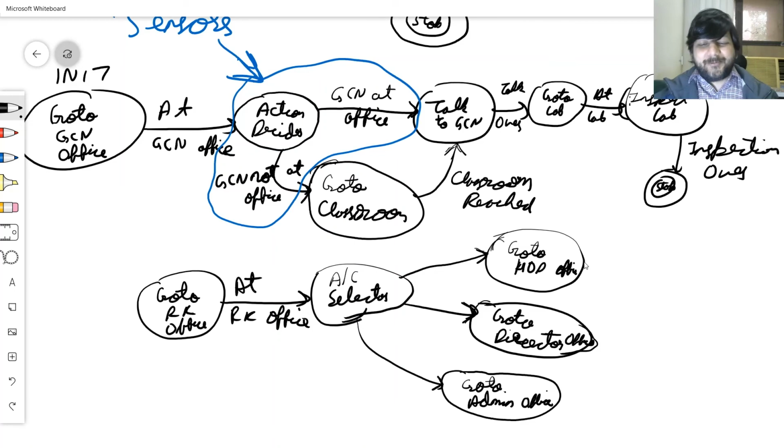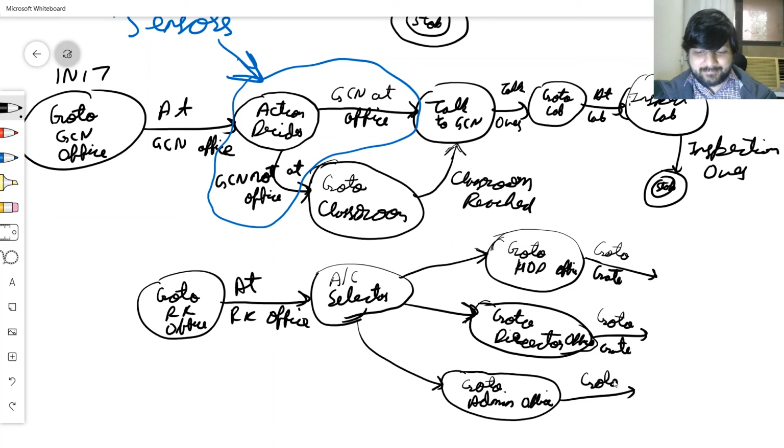And then, of course, what really happens is after this peon has given this thing, the peon will just go to gate. So RK asks for HOD. So this is the sensor.